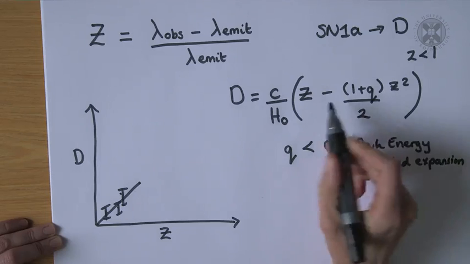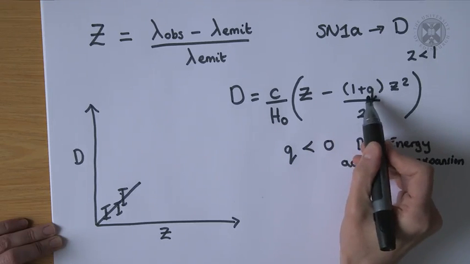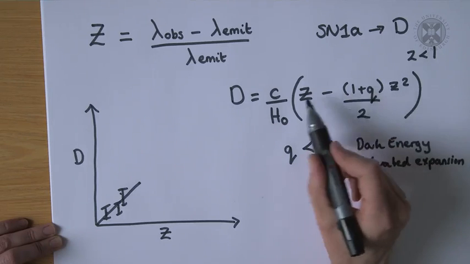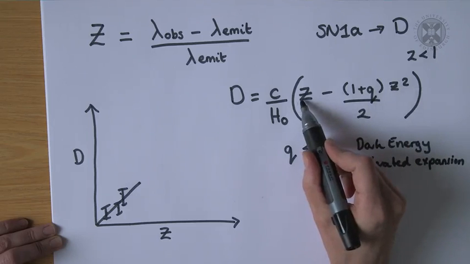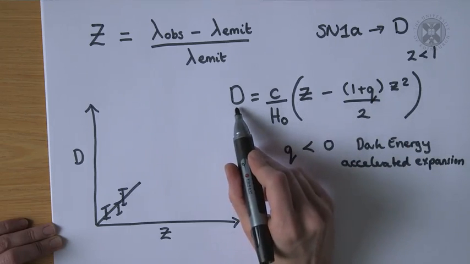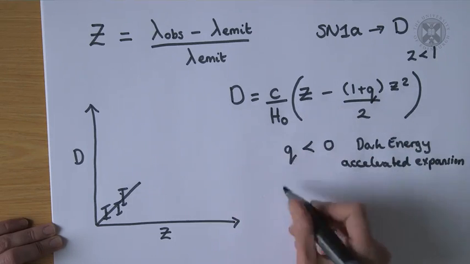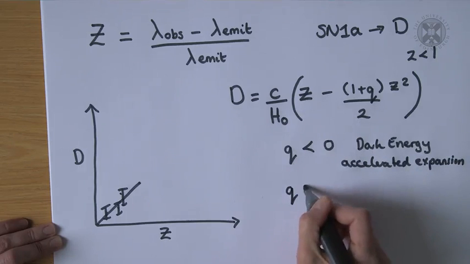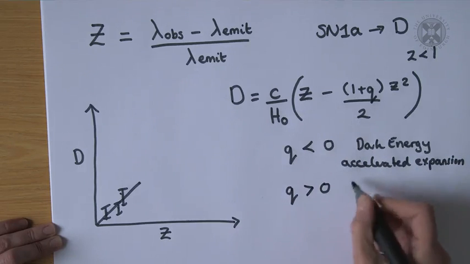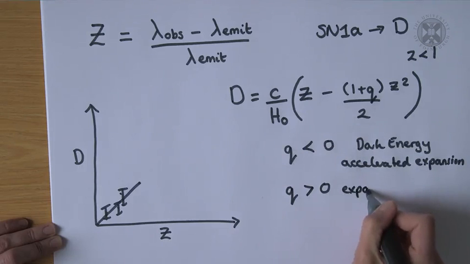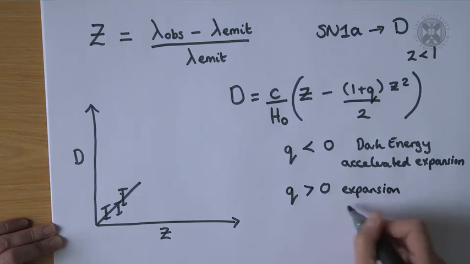And you can see that here in this equation. If Q is less than 0, then for a fixed redshift, my galaxy will be further away. Let's look at the other case where Q is greater than 0. In this case, the expansion is decelerating.